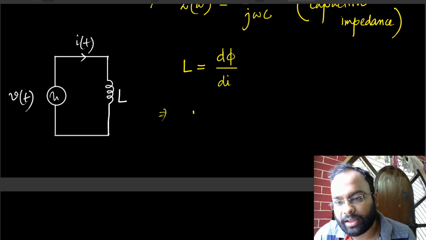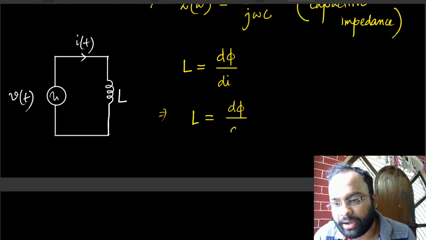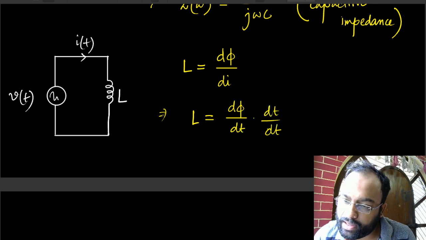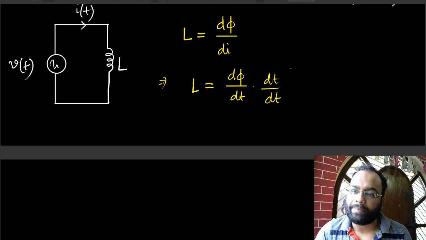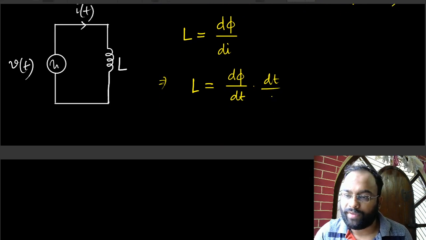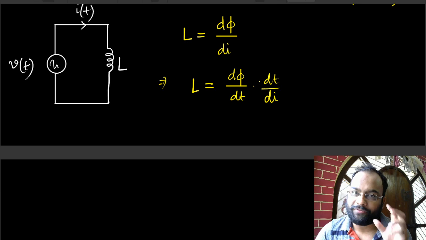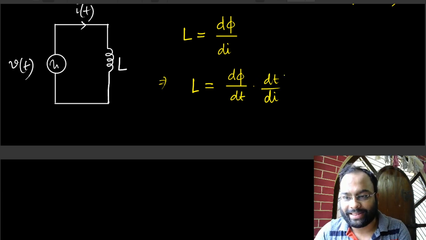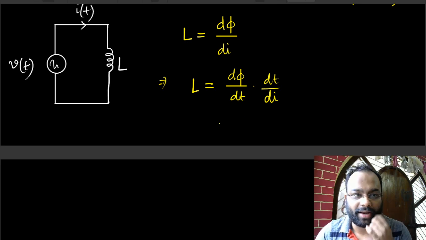From that, you can do a little bit of mathematical shenanigan and write d phi/dt and dt/di. We happily cancel this out and say d phi/di, right? But this cancelling also has a very complicated mathematics in it, that we can cancel this dt happily.